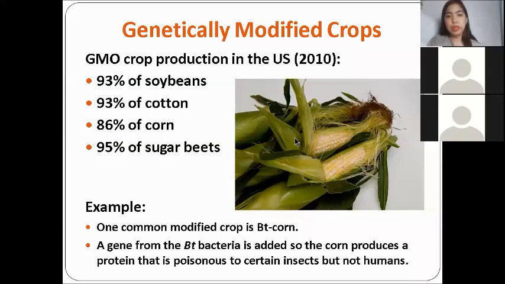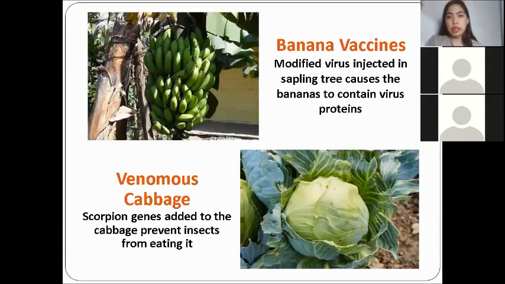The next example is the banana vaccine. Yan. So, a modified virus injected in a sapling tree causes the bananas to contain virus protein. So, bananas genetically engineered to carry vaccines could provide developing countries with a cheap way to protect children from life-threatening diseases, according to researchers in the US.